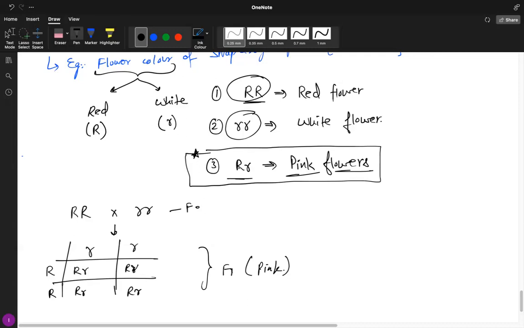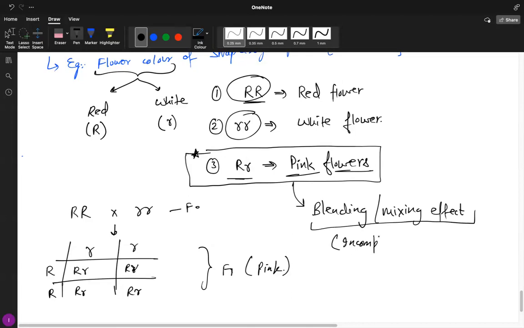If small r was completely dominant, then this all would have been white flowers. But instead, both are blending in, right? There's a blending, or as Rabia used a word, a mixing effect, correct? Which means no one is completely dominant and there is an incomplete dominance in this case.